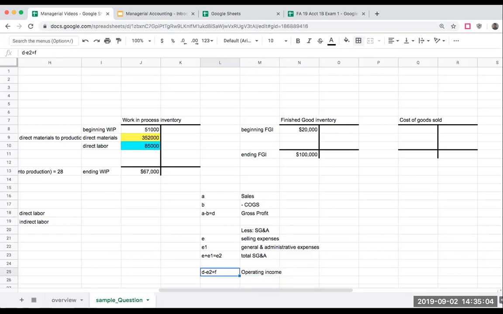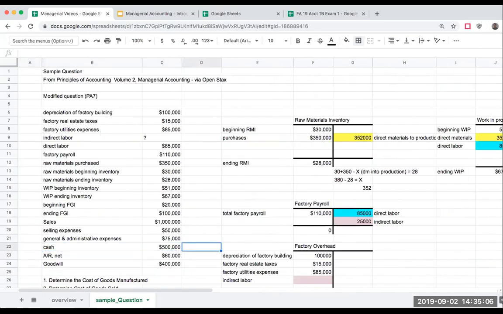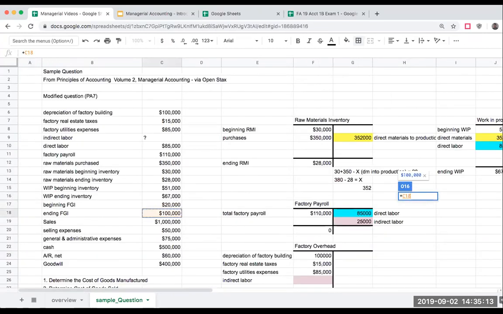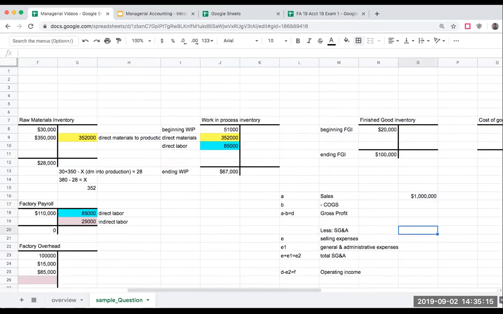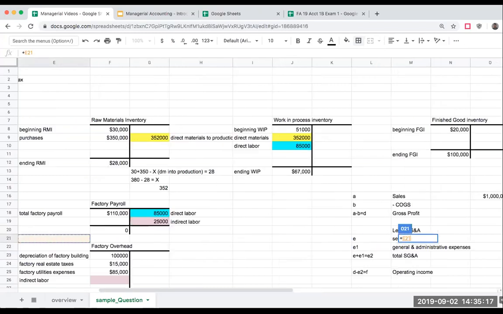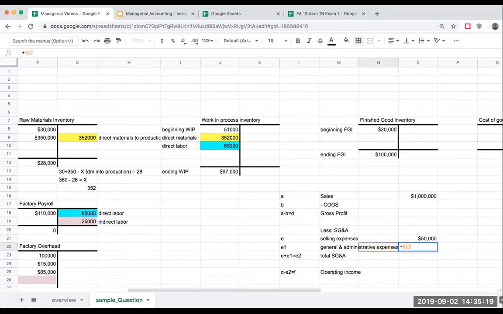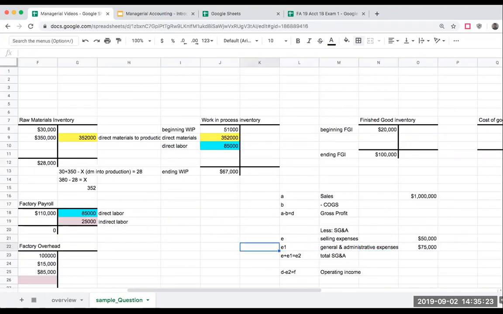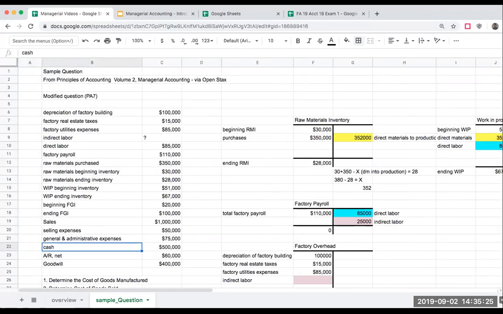So for right over here, as I'm going through and looking at my sales, well, my sales were about $1 million. My selling expenses were $50,000. My general administrative expenses were $75,000. And then these other items down here, cash, AR, and goodwill, those are all balance sheet type accounts.